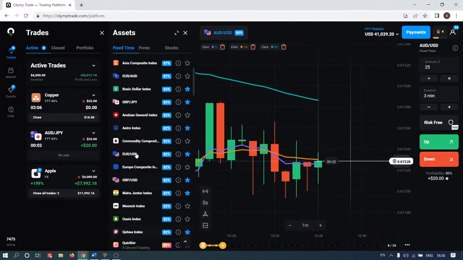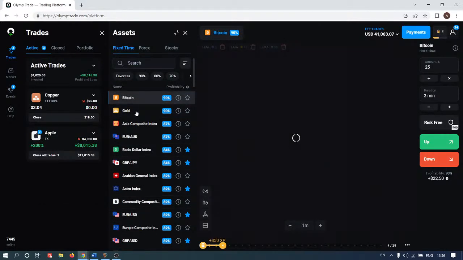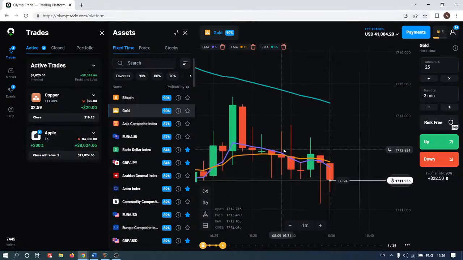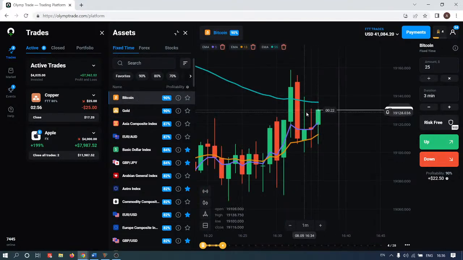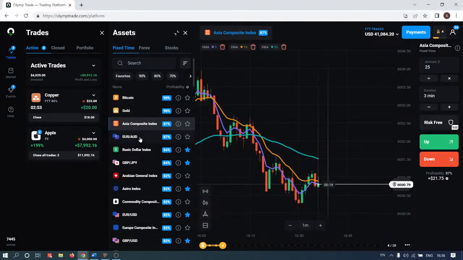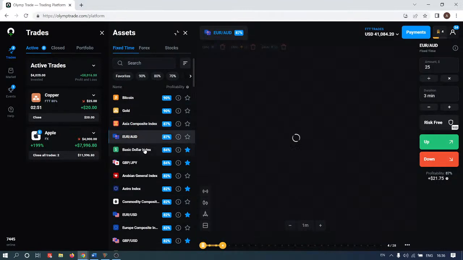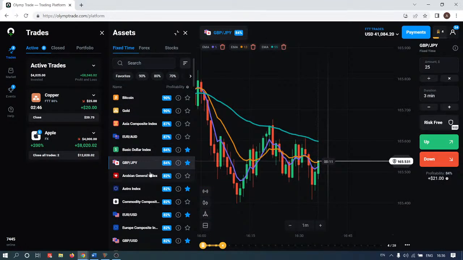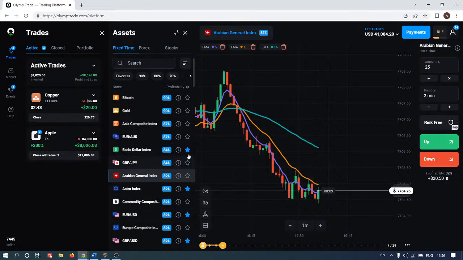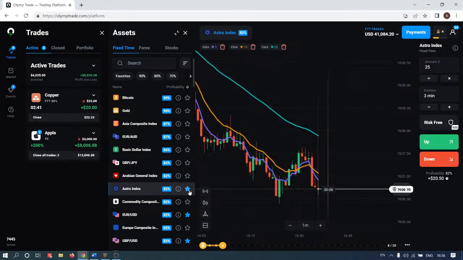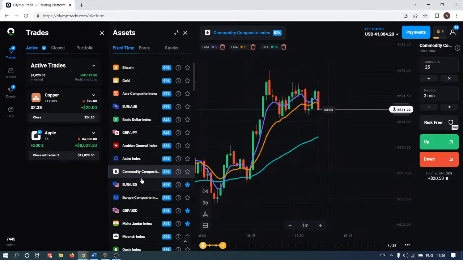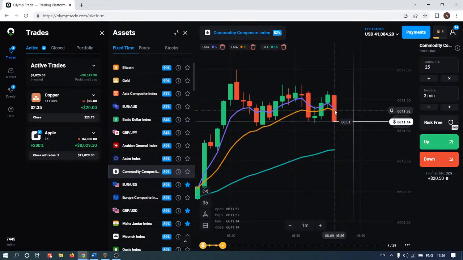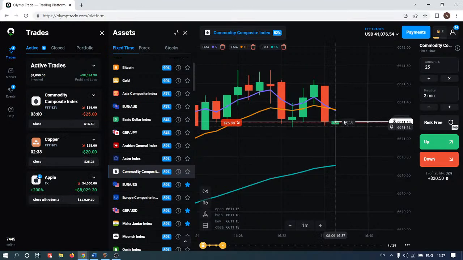So, making 200% in unrealized P&L on the Apple stock. And right now I want to find a few more signals, 2-3 signals maybe. Okay, signal number 1 is commodity composite index downwards.